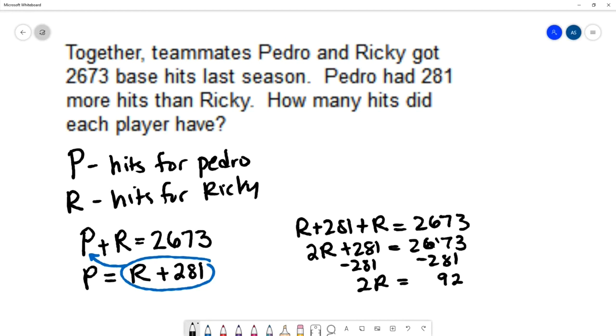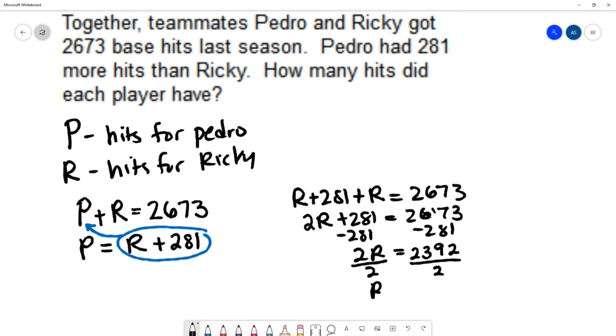let's see, 2,392, and I'll divide 2 into that to get r equals 1,196.